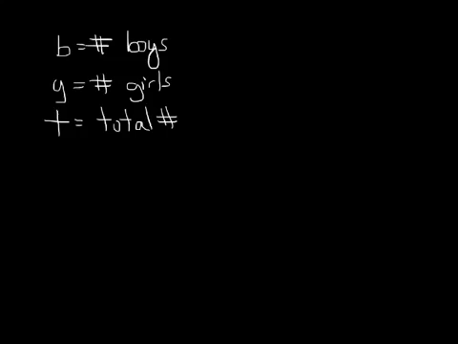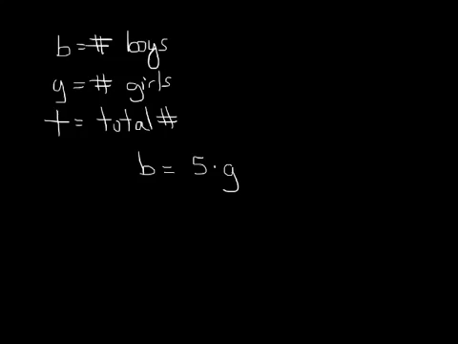All right, so the number of boys is 5 times the number of girls. In order for these two things to be equal, remember there are more boys than girls, so I would have to multiply 5 times the number of girls to get the number of boys there are. I know that seems a little tricky, so you may want to think about that a little bit longer, kind of mull it over in your mind.